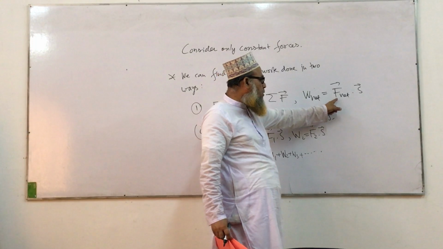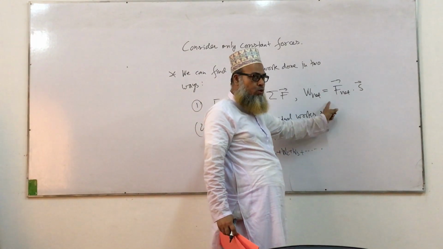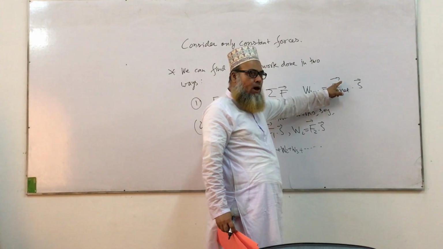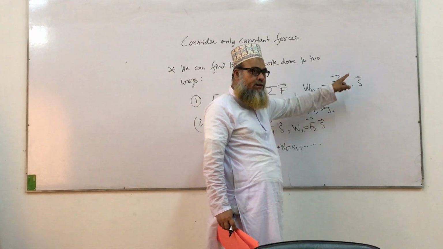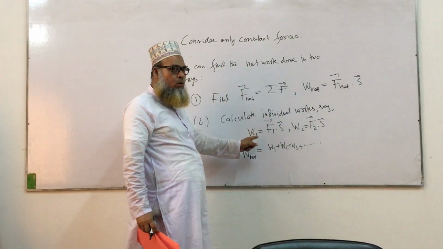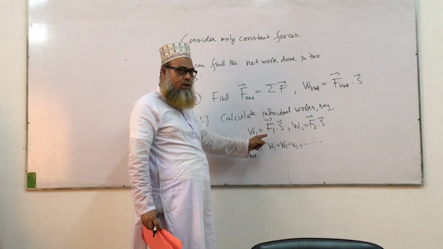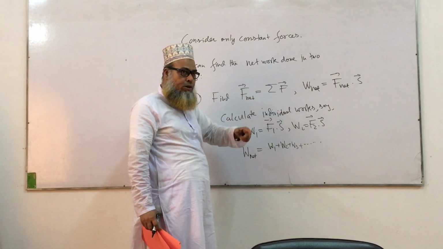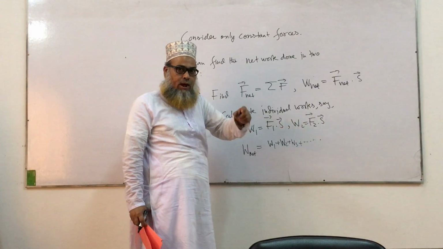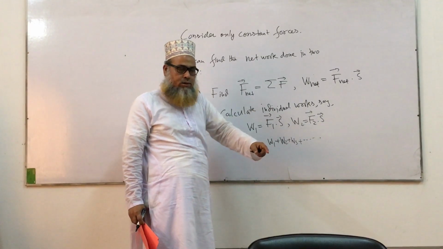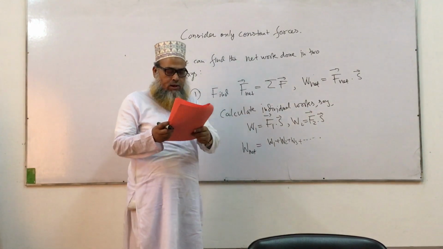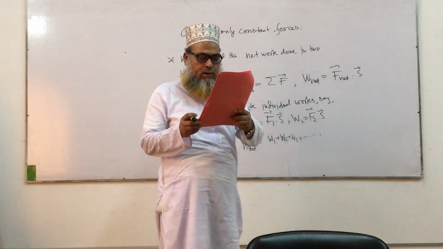Then you do not have to do any sum. Simply, you do a dot product between the F net and the displacement. In the second process, you do the calculation by individually calculating the works and then summing them. That means W net is W1 plus W2 plus W3. This way you can accomplish your work.